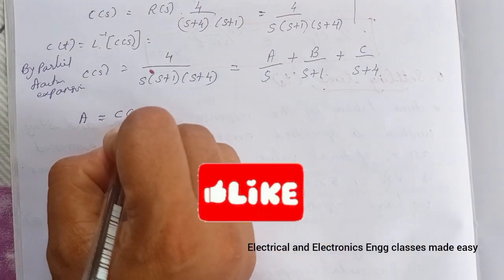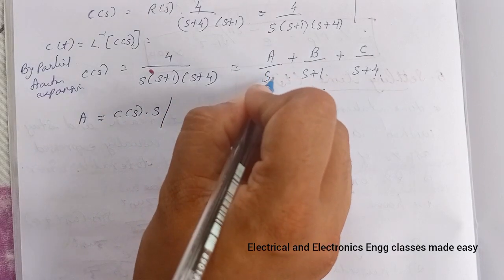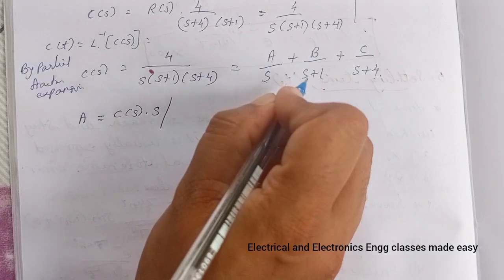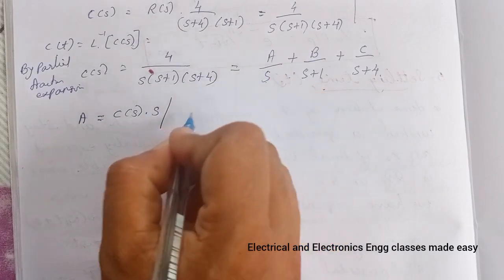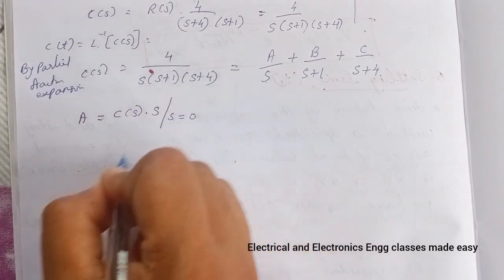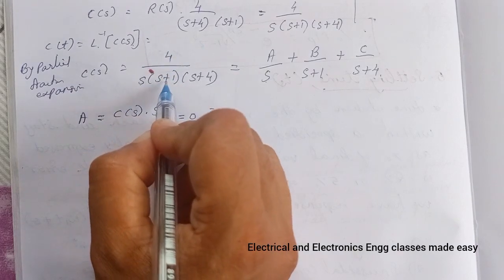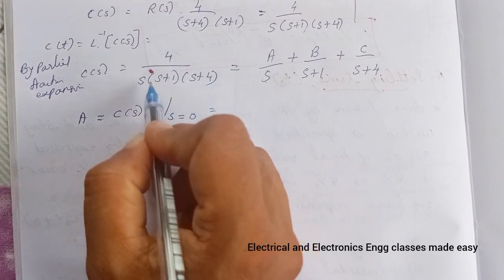So C(s) into s, equate the denominator to 0 and find the value of s. So here only s, so we can write at s equal to 0. That is, C(s) is this 4 divided by s into (s plus 1) into (s plus 4).